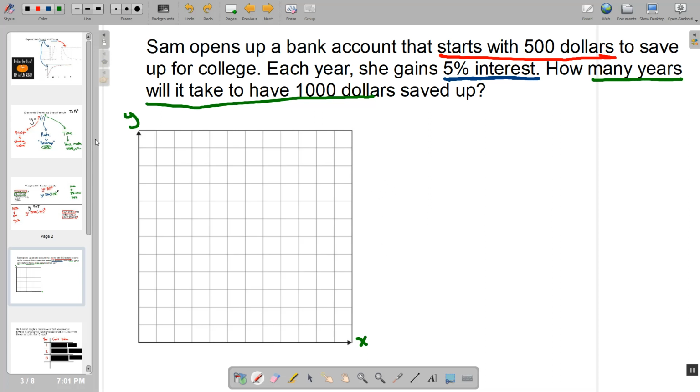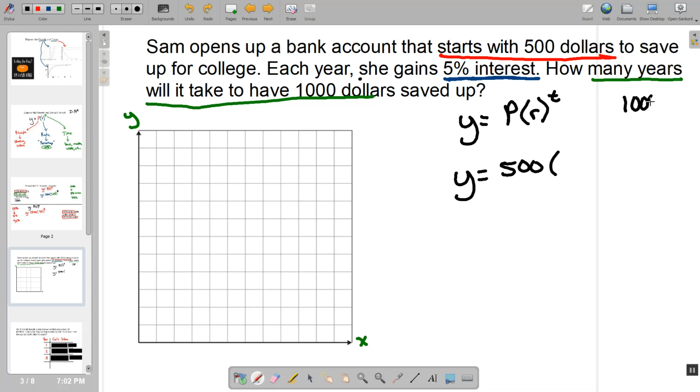So in order to make our equation, we once again want to do the y equals p r t function. Well, this certainly looks like our principal, or our 500. So it's y equals 500 times, and this year she gains 5% interest.